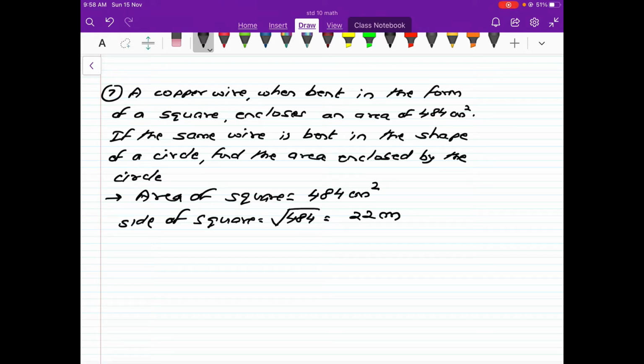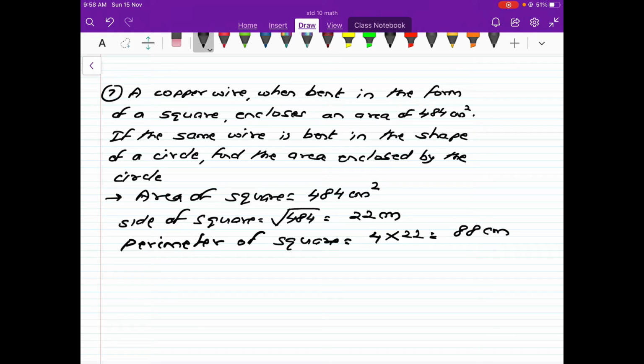Now we can find the perimeter, because the length of the wire is most important here. So what is the perimeter of the square? Perimeter of square is given by 4 into each side. So 4 into 22 means 88 centimeters.